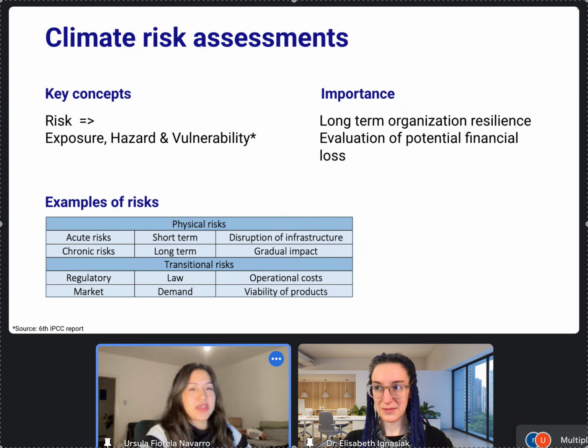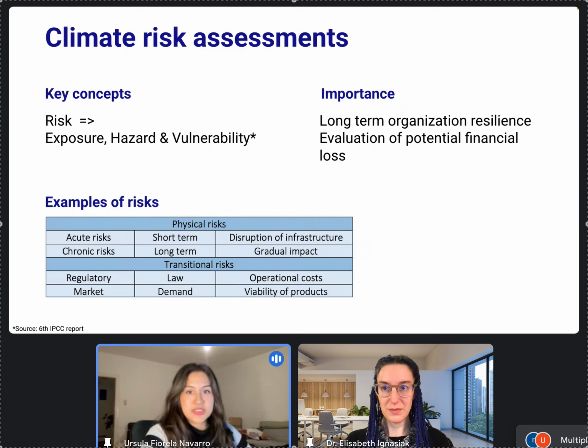So first, risk is basically the potential for adverse consequences for human or ecological systems, or in this case, organizations. And risk is, let's say, the combination of different components such as exposure, which is related to the existence of assets or systems in locations that might be negatively impacted by climate-related hazards.